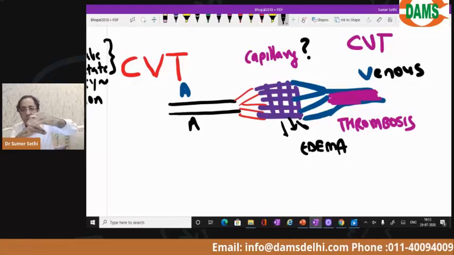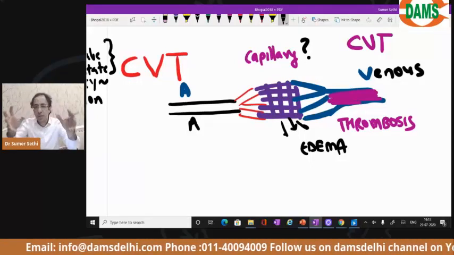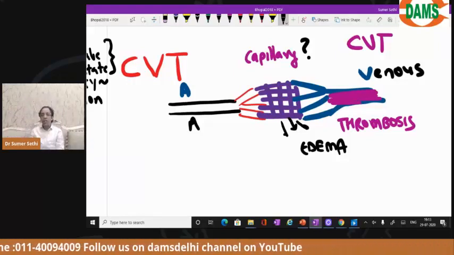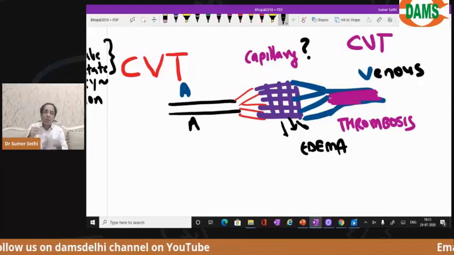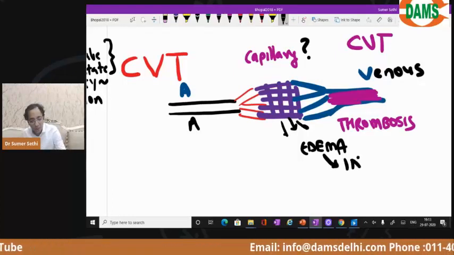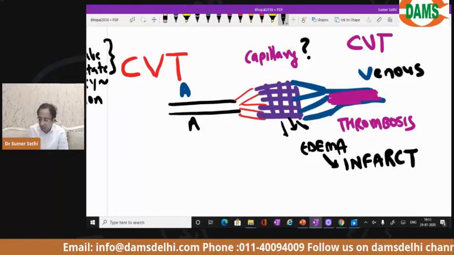If you have edema around the capillaries, what will not happen? Oxygen transfer will not happen, and that tissue will die. That is called an infarct. This is the pathogenesis of venous infarct.